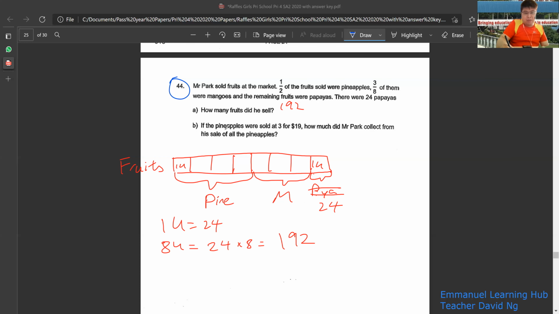For part B, if the papayas were sold at 3 for $19, how much did Mr. Park collect from his sale of all the pineapples? So how many pineapples did he sell? What's the number of pineapples sold?